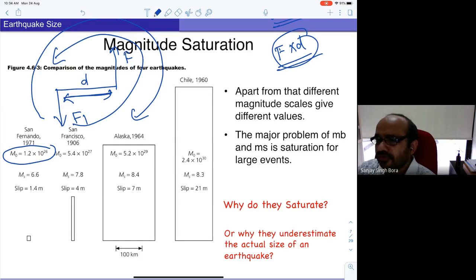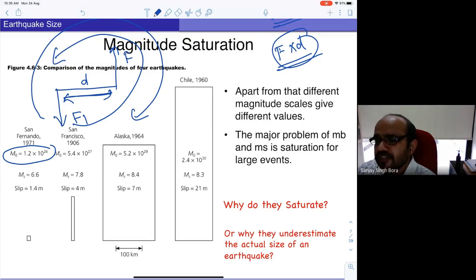What do I mean by this? They are measured from signals in the seismogram corresponding to different periods, so they have some specific period. Whereas this M0 is measured from the field.